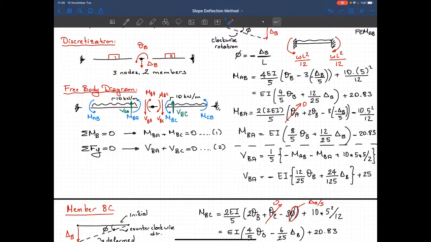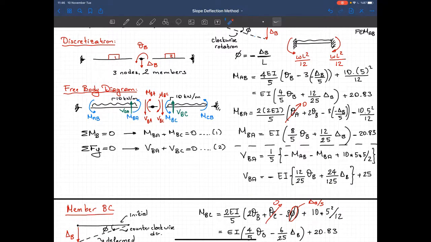Again, let's repeat. How do I calculate the shear? By using this free body diagram. I take moment with respect to that point, and V_BA times 5 plus M_AB plus M_BA minus the moment due to this 10 kilonewton per meter load should be equal to 0. So it gives me the following equation, and I inserted what M_AB and M_BA are and obtained an expression for V_BA.